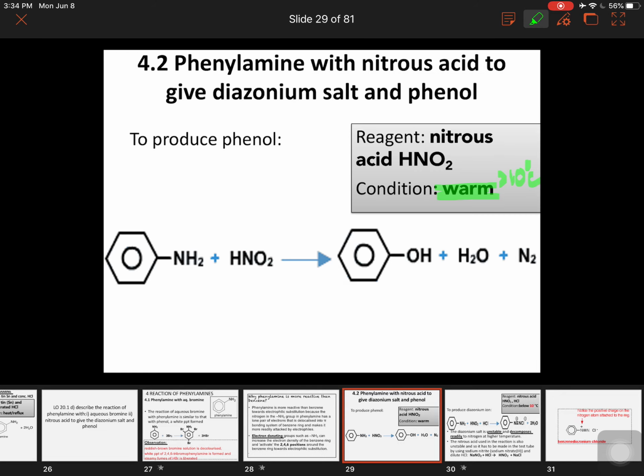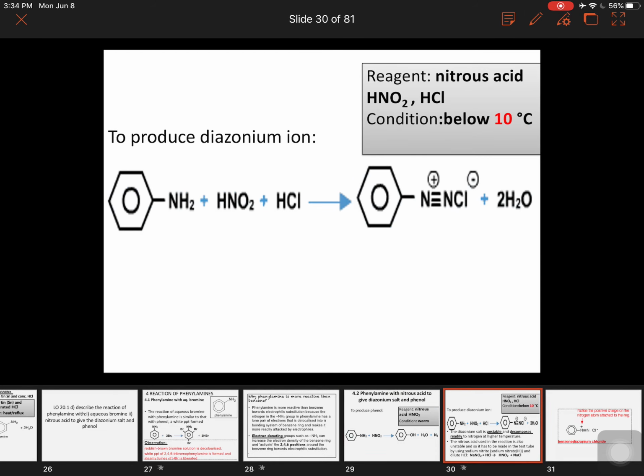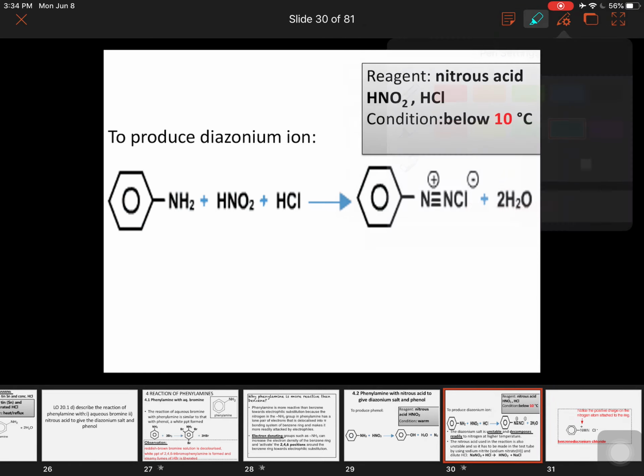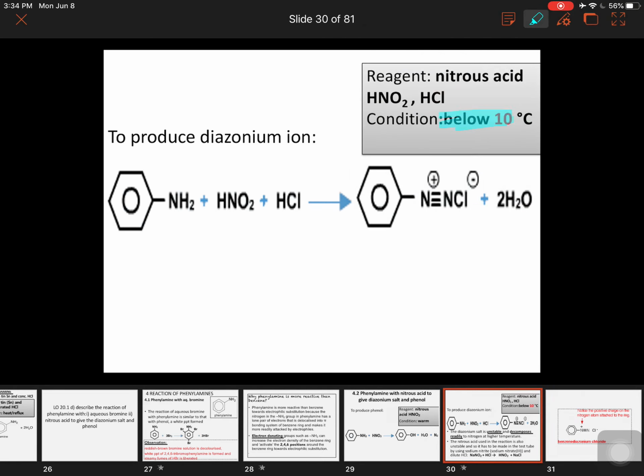And then the below reaction is when the reaction is carried out in a cold temperature below 10 degrees Celsius. Now, I believe that there is a typo in your notes. In your notes, it says below 5 degrees Celsius. So change it to below 10 degrees Celsius. Okay. So with different conditions you will get different products, obviously.